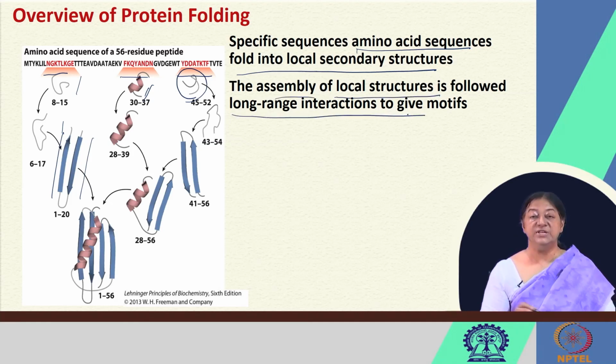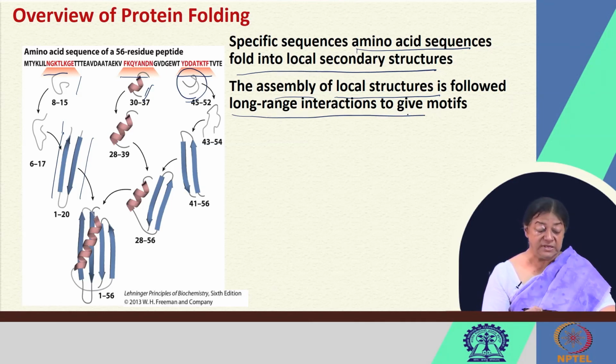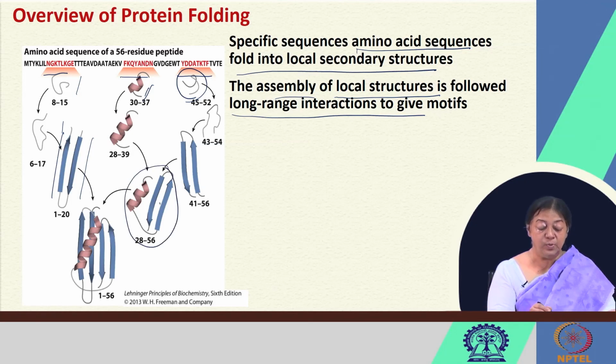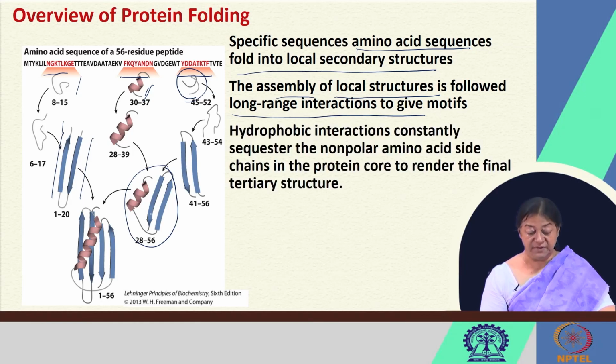So, then what happens is there is the assembly of the local structures that is followed by the long range interactions to give specific types of motifs that we looked at. For example, we can have a beta alpha beta motif or an alpha beta alpha motif. So, that would be secondary structure elements coming together, where we would have a beta sheet and also an alpha helix.